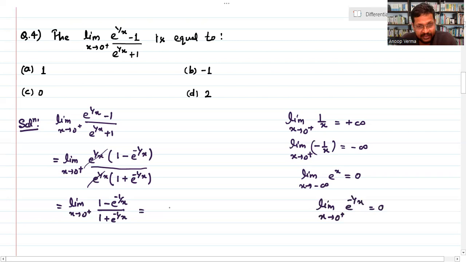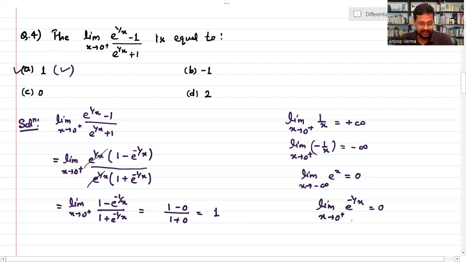So from here you will get 1 minus 0 divided by 1 plus 0, and from this you will get 1. Okay, so the limit of this function from the right hand side, the right hand limit of this function at 0, is equal to 1. So option A is correct.